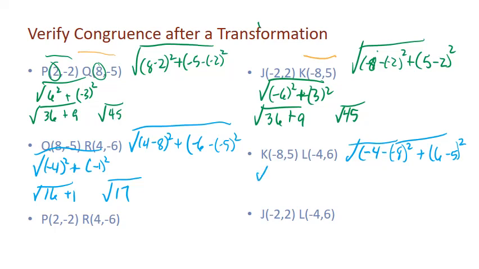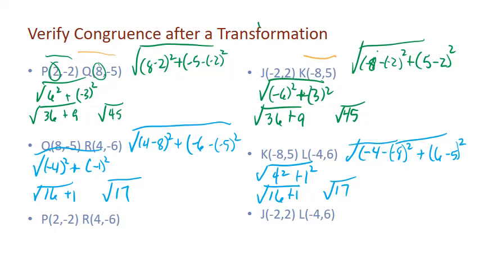Negative 4 minus negative 8, that's plus, so that's going to be 4 squared. 6 minus 5 is 1 squared. And so 4 squared is 16, 1 squared is 1, and shazam, square root of 17. So we got two sides of each of our triangles, the pre-image and the image, verified that they are the same length. We're verifying this side, side, side.